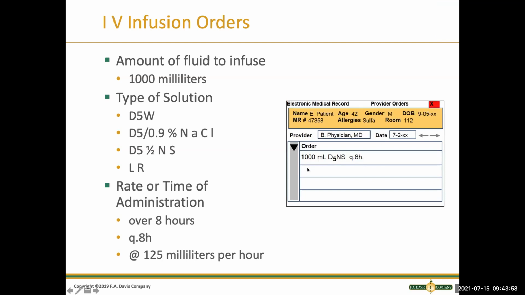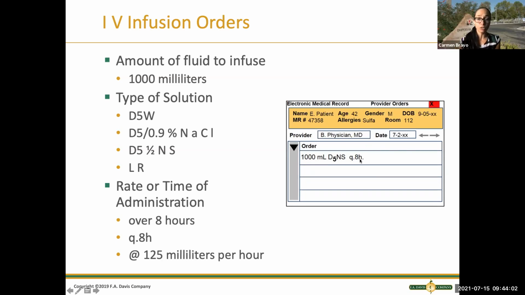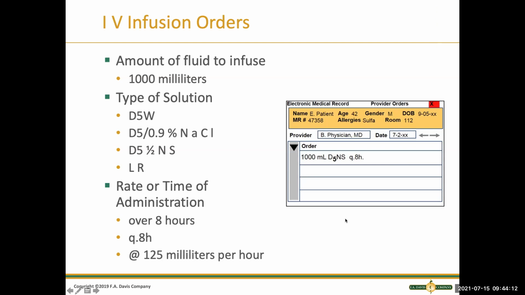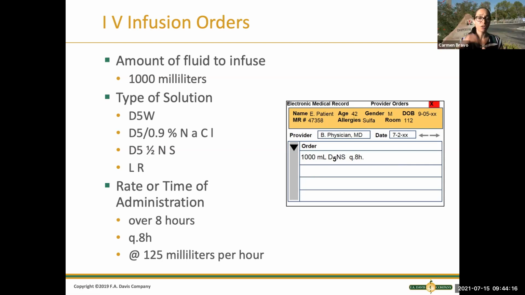So is that a pretty rapid drip? It could be. If it's 1,000, I want to say it's going to be about 125. That's not really rapid. Most average adult patients have their IV fluids going anywhere from 100 to 175. So it's pretty normal, pretty average.